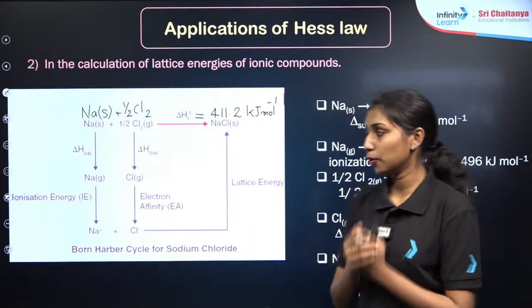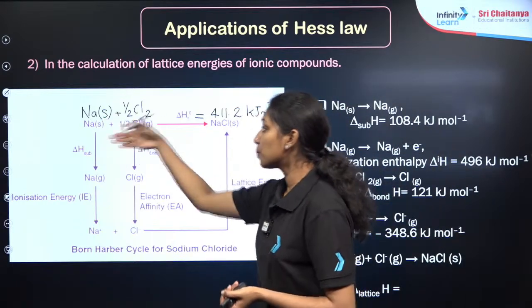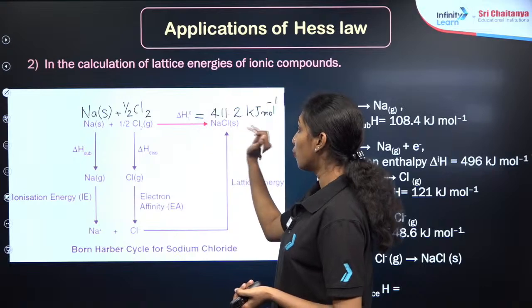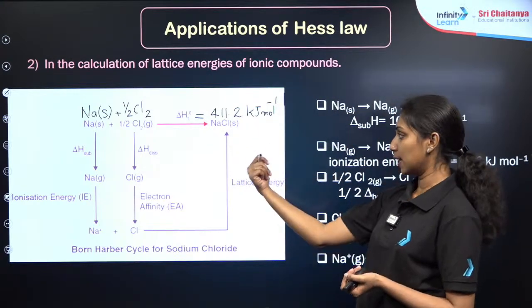It will be the enthalpy of formation. So in the first step, I am taking sodium solid plus half chlorine gives NaCl. Delta H value is around minus 411.2 kilojoule per mole. That is the enthalpy of formation of NaCl.